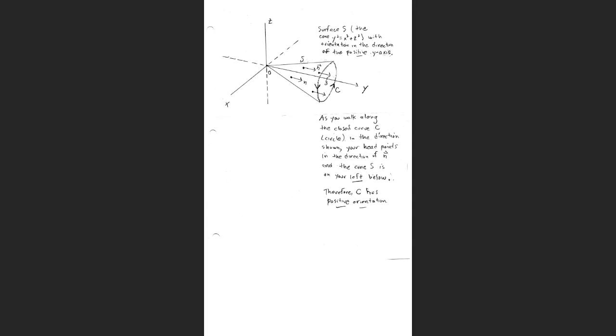I'm highlighting it in red. That's the cut. And the orientation is in the direction of the positive y-axis, which means that the normal vectors point in the direction of the positive y-axis.